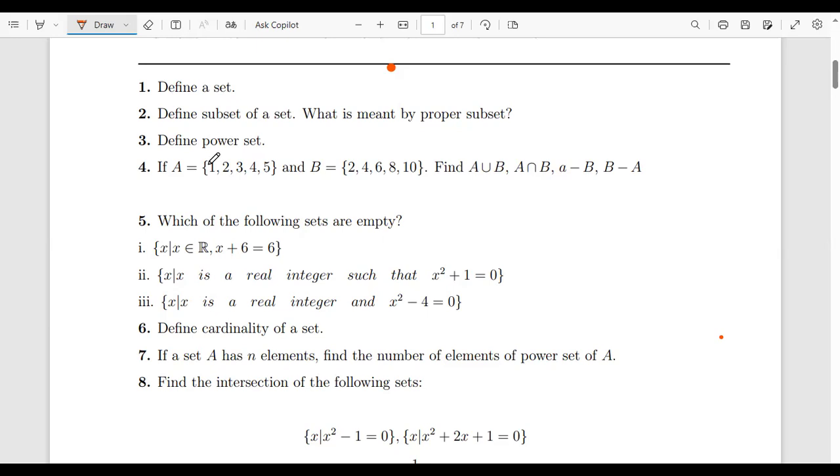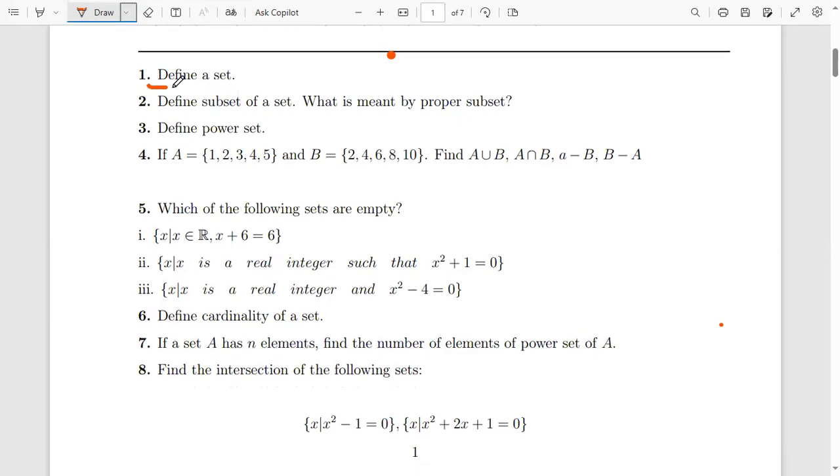Okay, so the first question here, they're saying define a set. I'm pretty sure nobody here can fail to define a set. A set, we say, is a collection of well-defined objects. Meaning those objects that are going to be in that set should have something in common. A set is just a collection of well-defined objects.